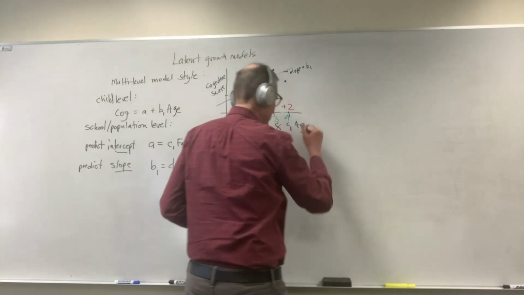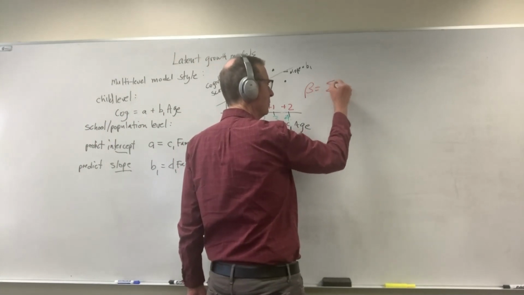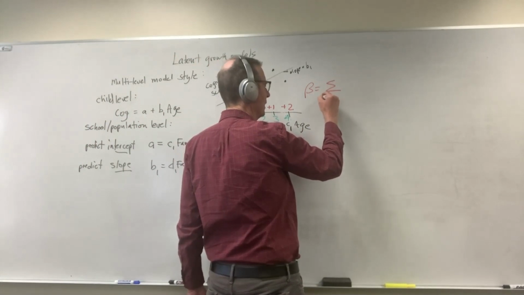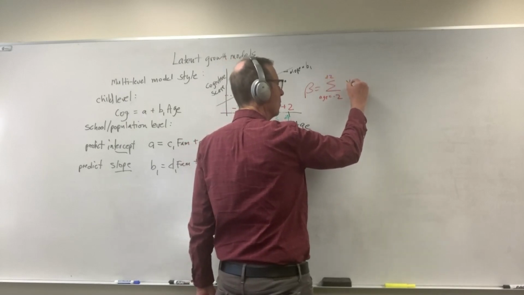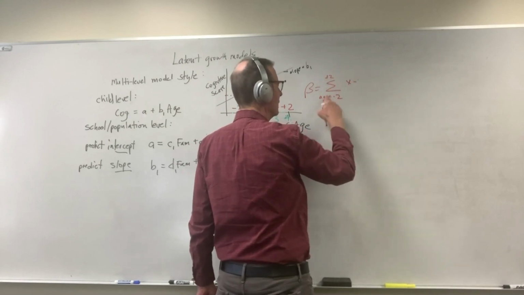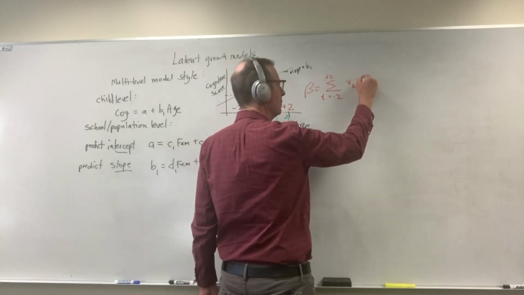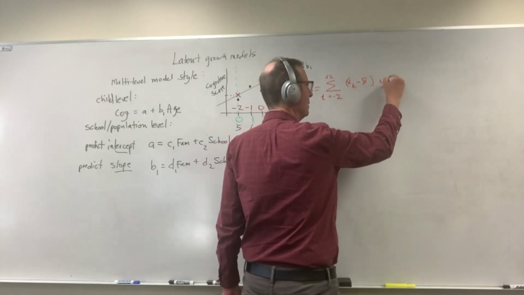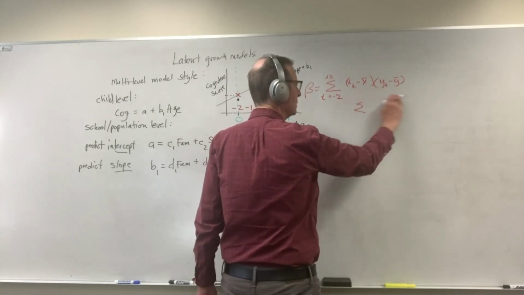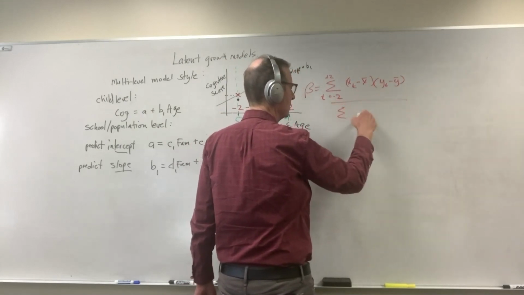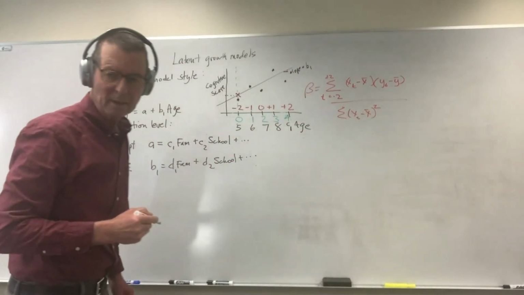Because as we talked about in the second week, an estimate of a slope is just the sum, as age goes from t equals -2 to +2, of (xt minus x bar)(yt minus y bar), all over the sum of (xt minus x bar) squared. All right, that should be familiar.